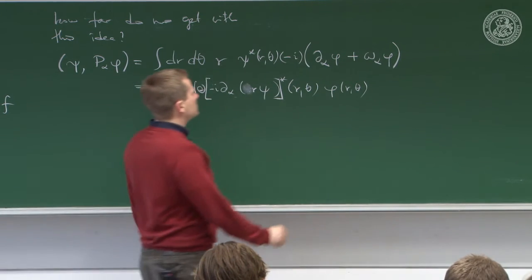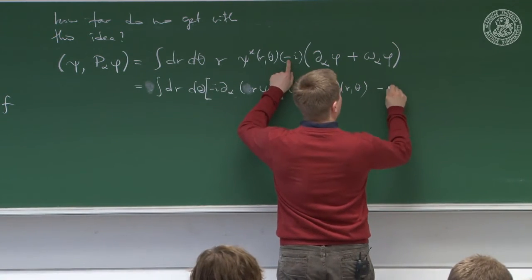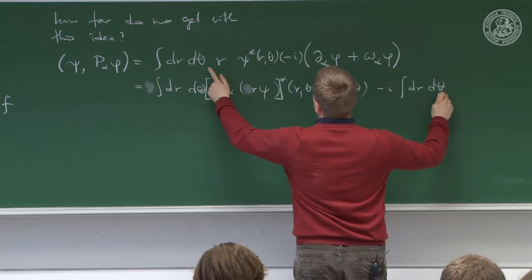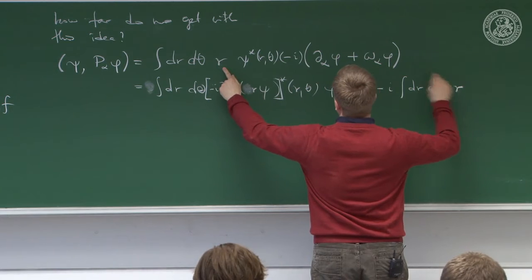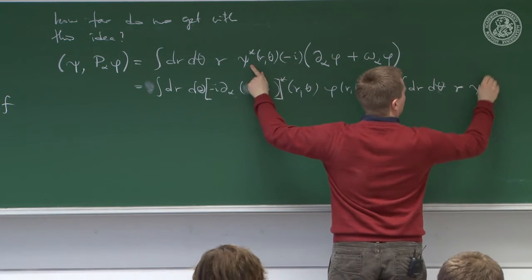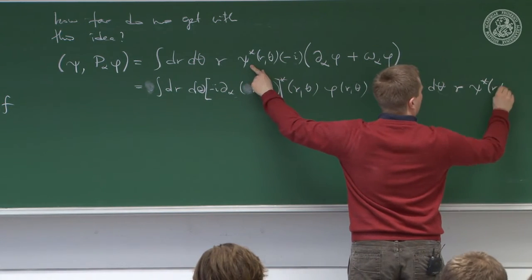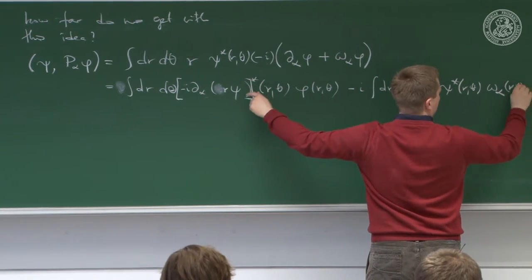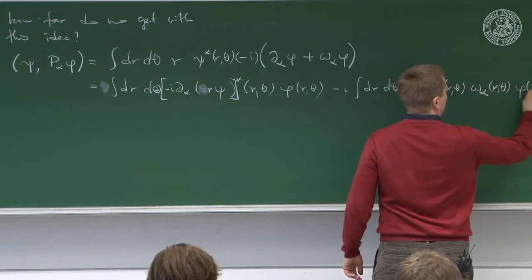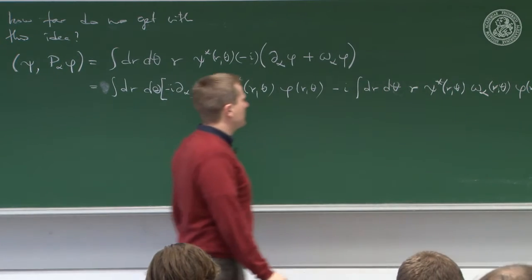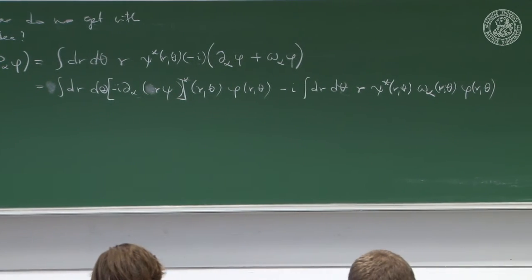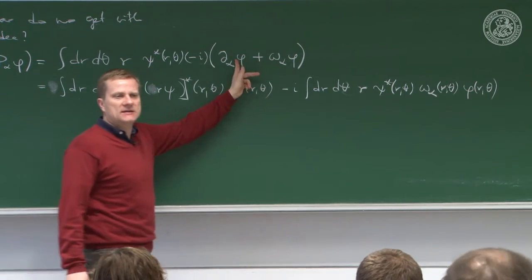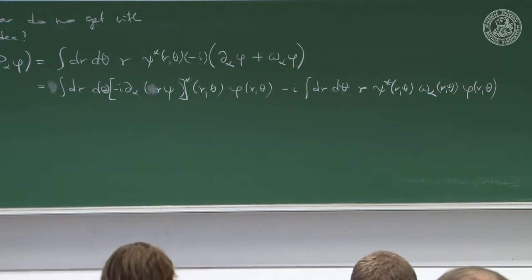And then there is an extra term, an extra integral, minus I times dr d theta r psi star of r and theta omega alpha, which will depend on the point r theta, and phi of r and theta. So we produced an extra term here. This extra term comes because we used the covariant derivative, and we gave up the idea that this is a wave function, but rather a section of a C-line bundle.